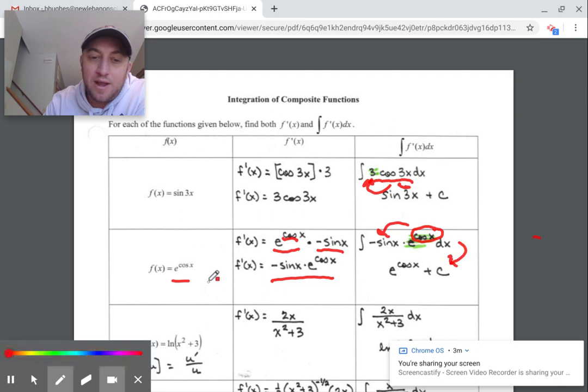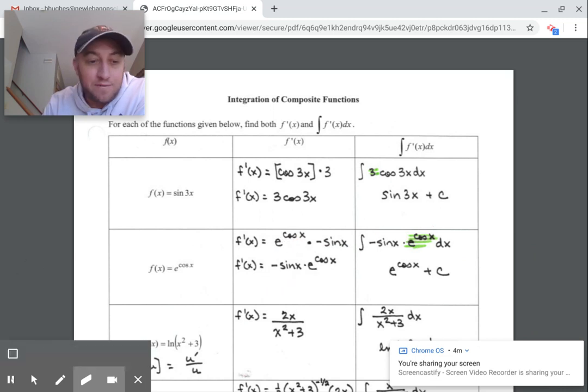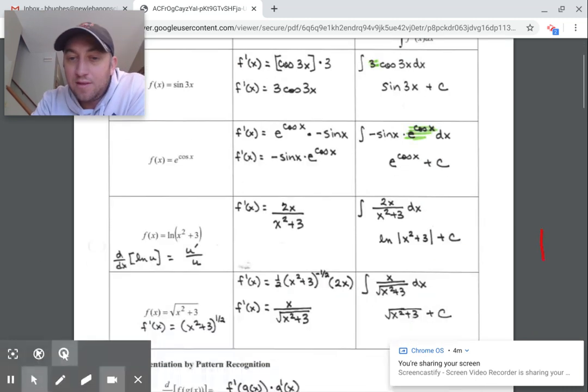This last example down here, let me erase a couple of things. The natural log, I know that if I take the natural log of a function, the derivative of that is going to be the derivative of the inside of the natural log over what's inside of the natural log. U prime over u. I guess we could refer to it as that as well.